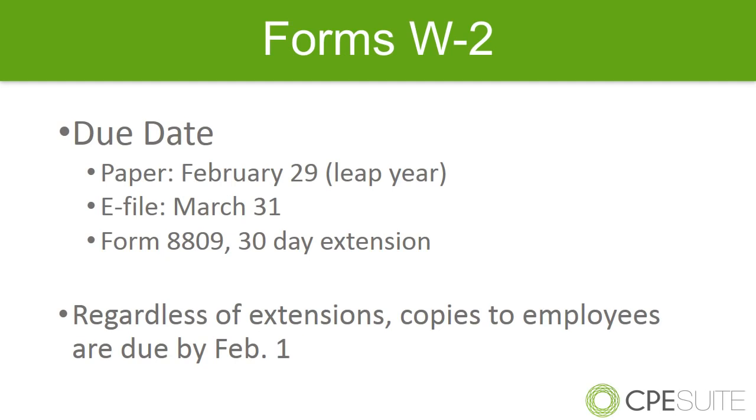So, in other words, if you file Form 8809 anytime during the month of March in order to request an extension of time to file the W-2s, you are locking yourself in to filing them electronically because you are already past the due date for being able to file a paper W-2.